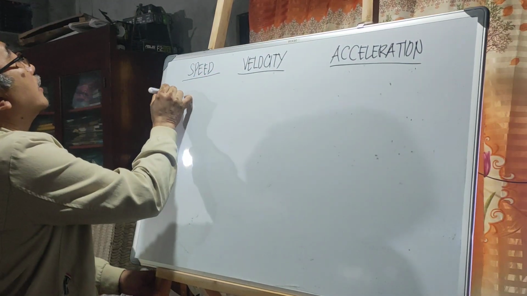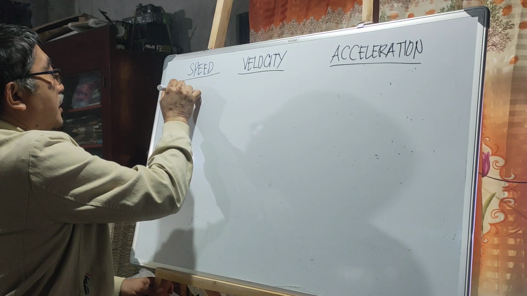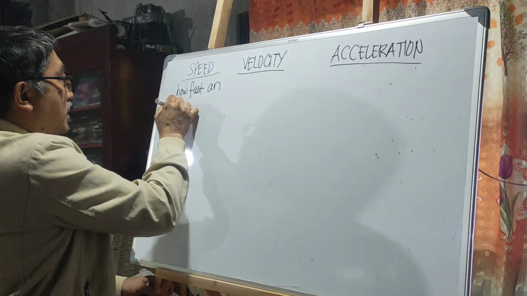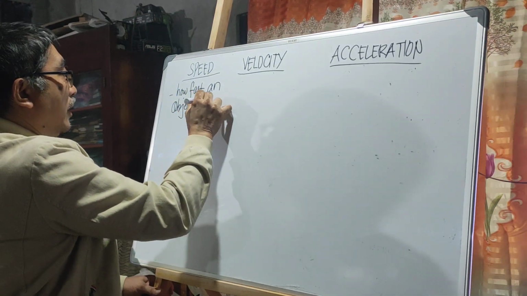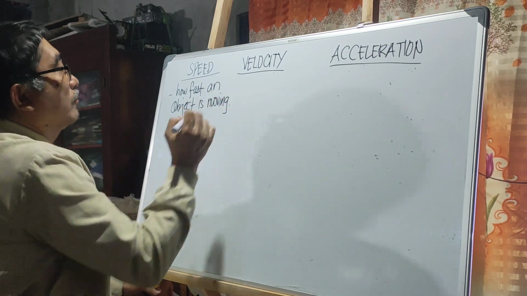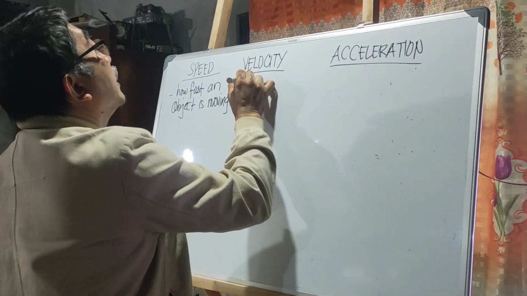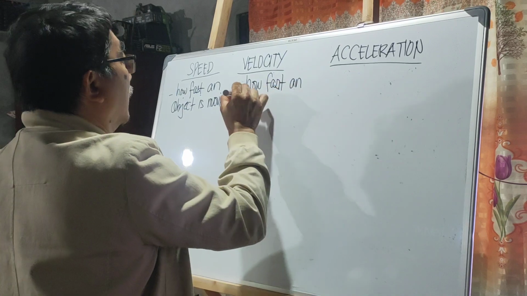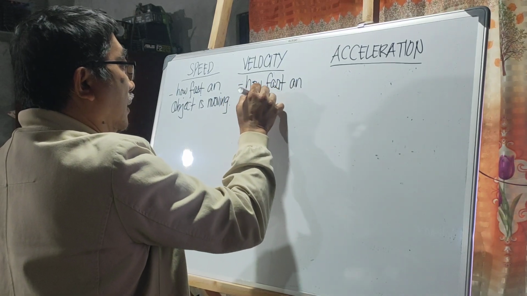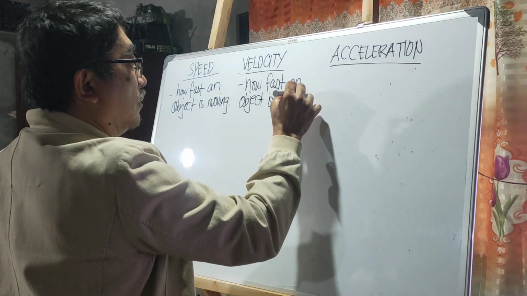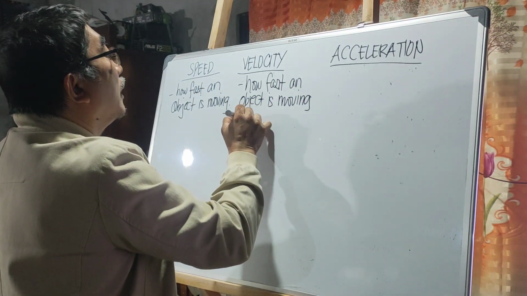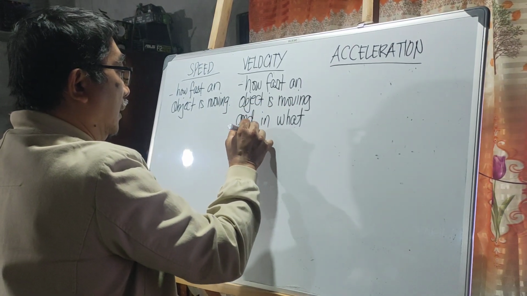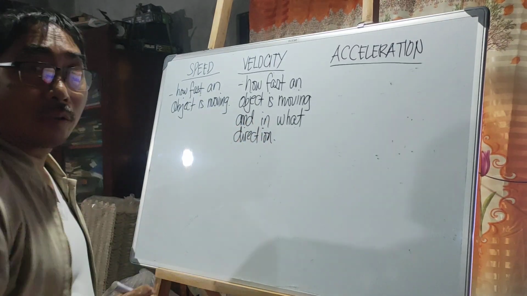Okay, by definition, speed tells us how fast an object is moving, while velocity tells us how fast an object is moving and in what direction.